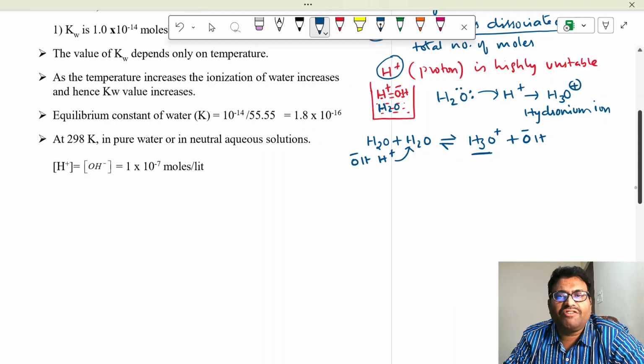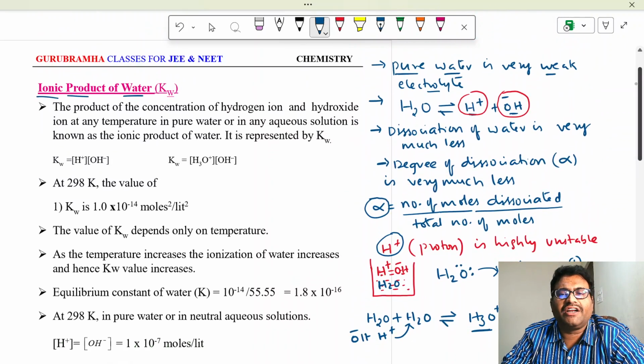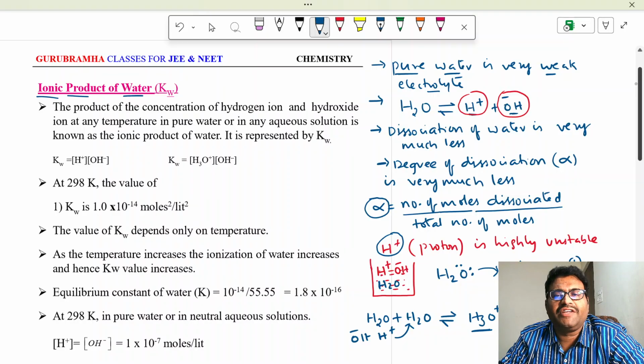Or simply, it can be represented as H2O giving H plus and OH minus.